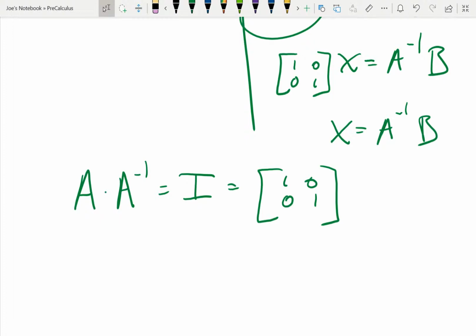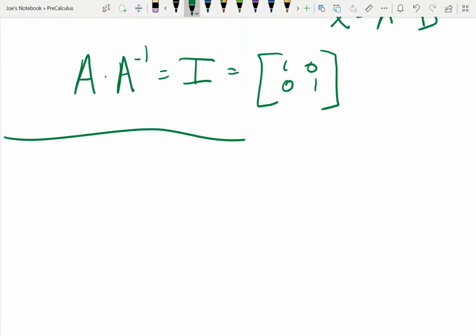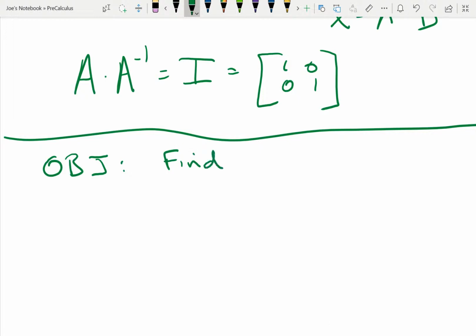So now we've got to find the inverse. Our next objective is to find the inverse of a 2x2 matrix.